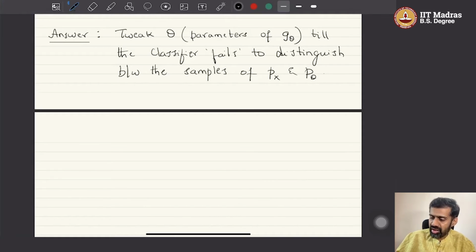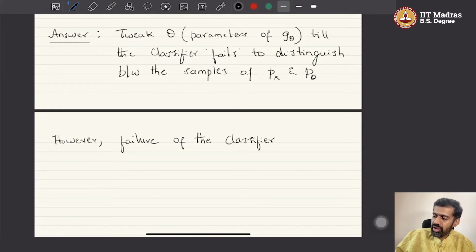So what that means is that, however, failure of the classifier need not imply the distributions matching, okay, p_x being equal to p_theta.